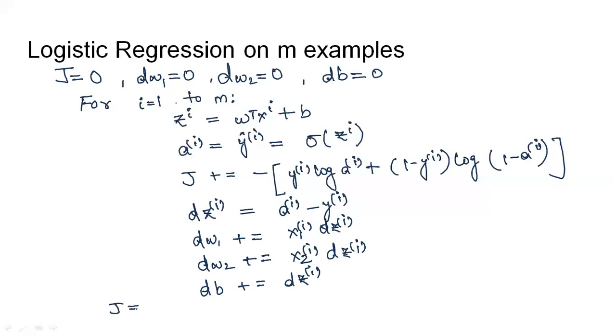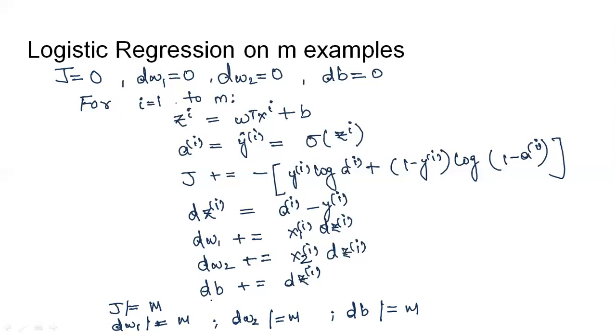Okay, and now finally, after moving out from the for loop, we'll calculate the final value of J as an average value. So it would be J divide equal to m, since we are calculating the average value of J over the m training examples. And finally we can calculate dw1 slash equal to m, dw2 slash equal to m, and db slash equal to m.